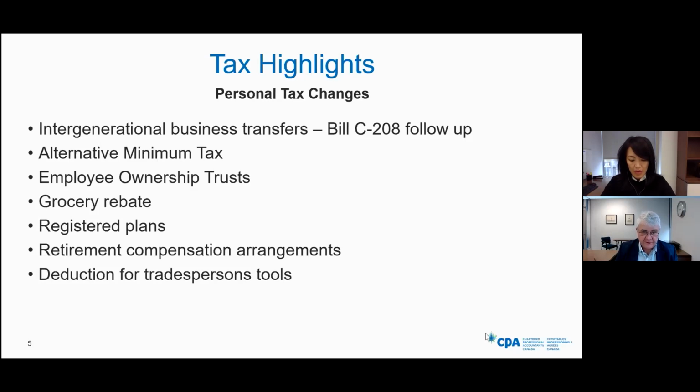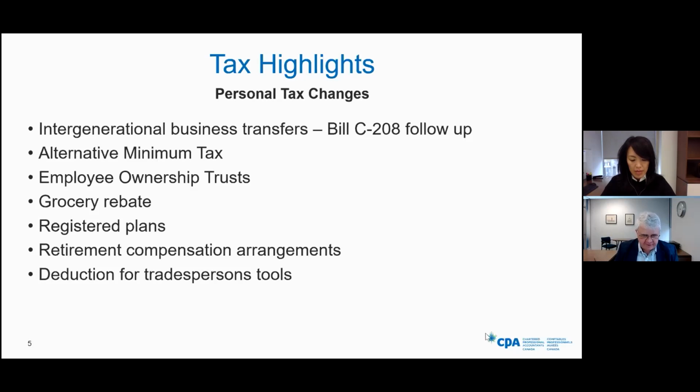So this will continue to 2026. And they've also broadened it to say that other family members can step in. It could be a sibling now rather than just a parent, spouse, or common law partner. So that change in terms of the sibling will be effective on royal assent.